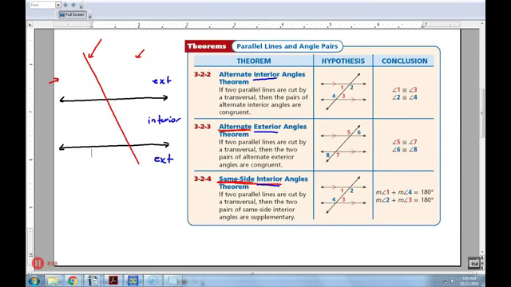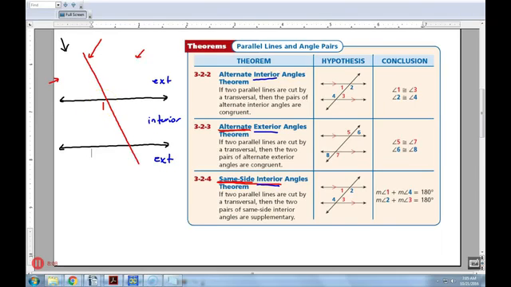If we look at these theorems, and they're all written in if-then form, the first one is the alternate interior angle theorem. It says if two parallel lines are cut by a transversal, which is this diagram over here to the right, then the pairs of alternate interior angles are congruent. Alternate interior means we're on the insides of the parallel lines, but on opposite sides of the transversal.